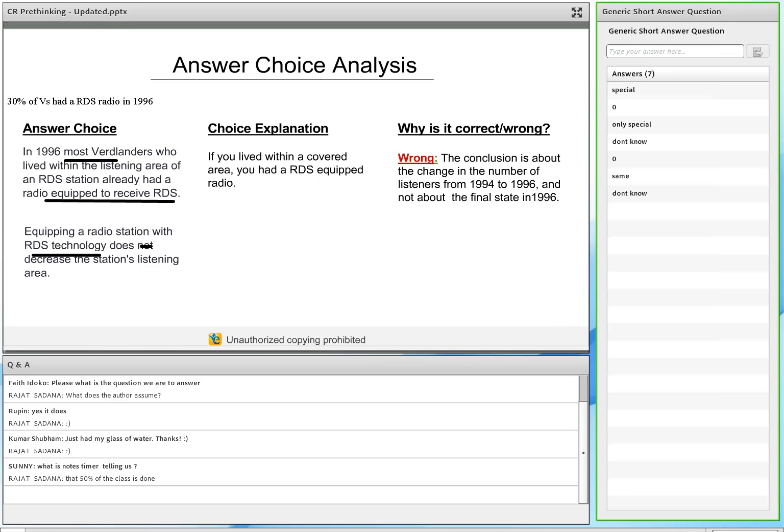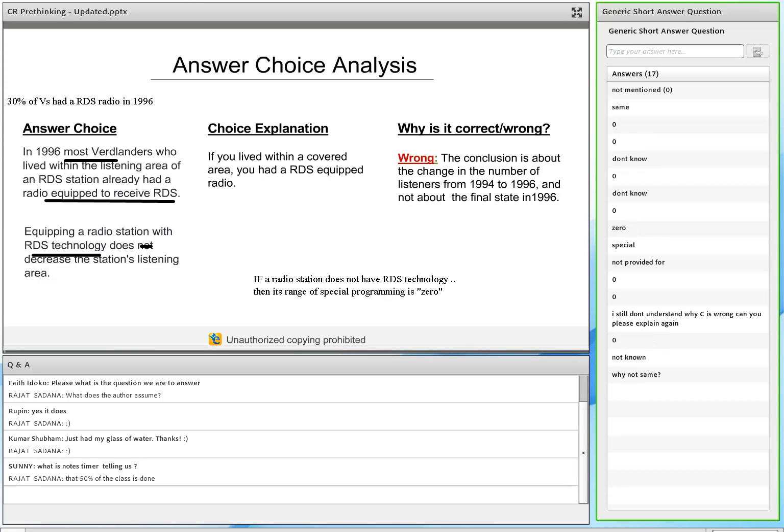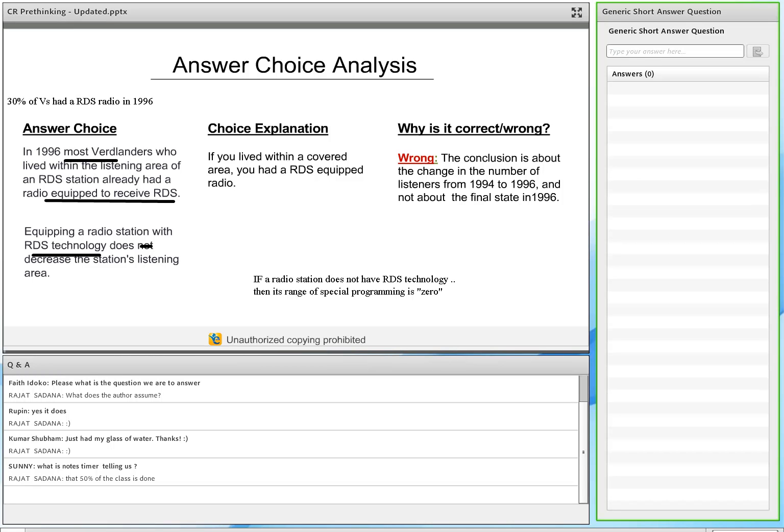It's 0, as you guys said. If a radio station does not have RDS technology, it can't transmit special programming, which means its range is 0 by definition.